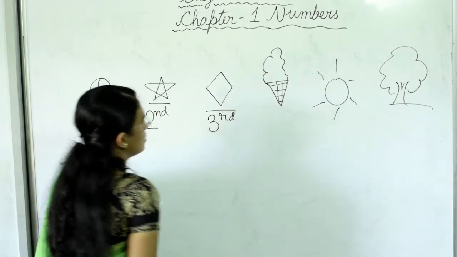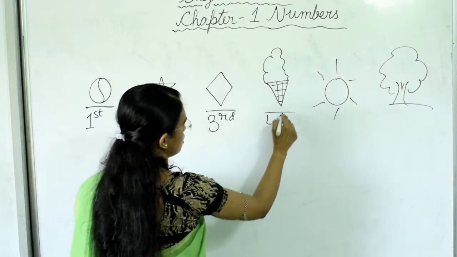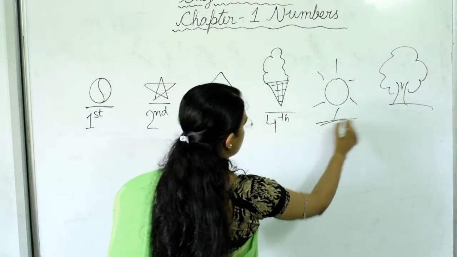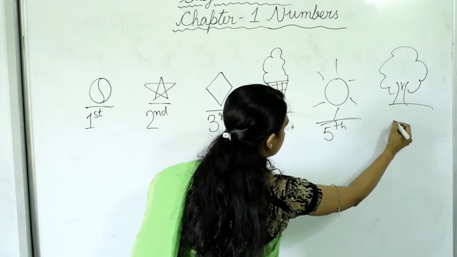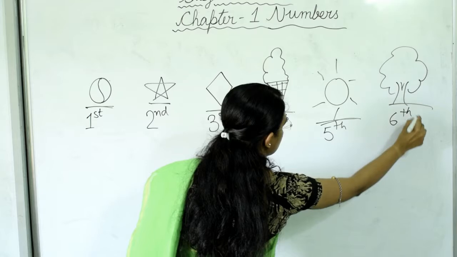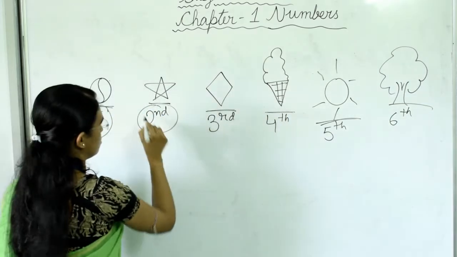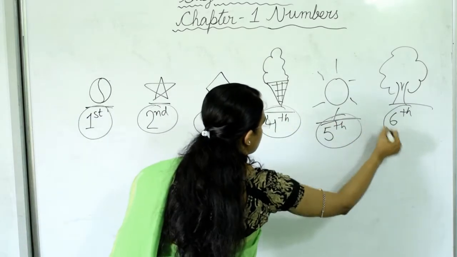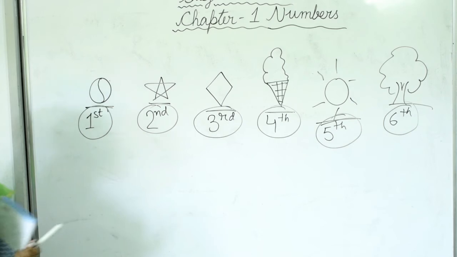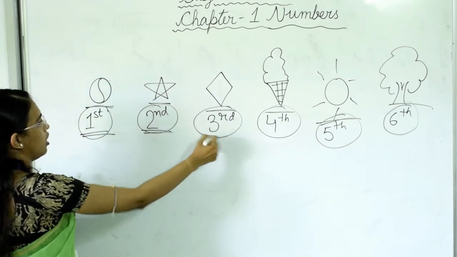Okay, then ice cream is in which position? Fourth position. Sun is in which position? Fifth position. And this tree is in which position? Sixth position. So these are called ordinal numbers. First, second, third, fourth, fifth. These numbers are called ordinal numbers. When we write in this way, these are called ordinal numbers.